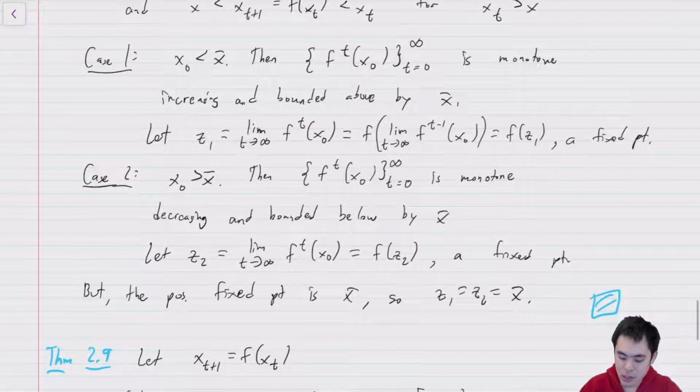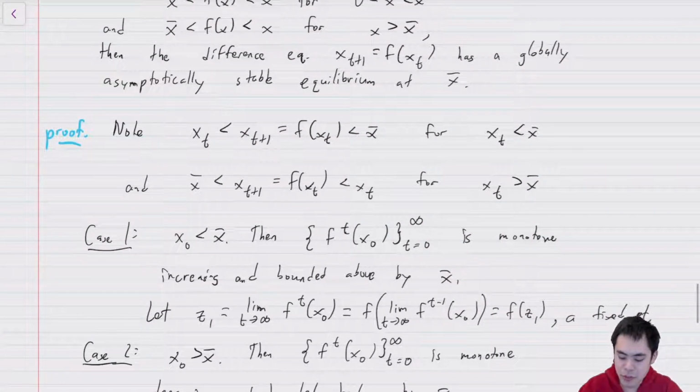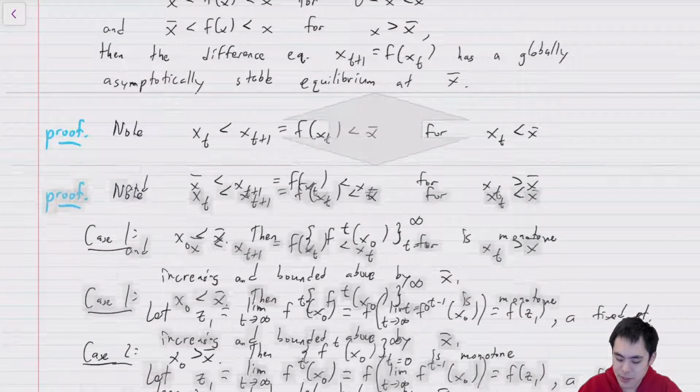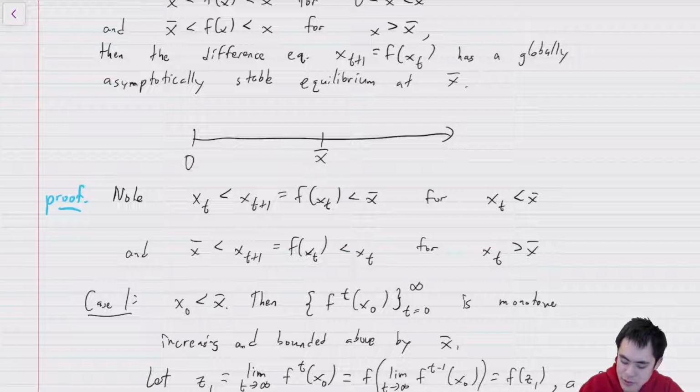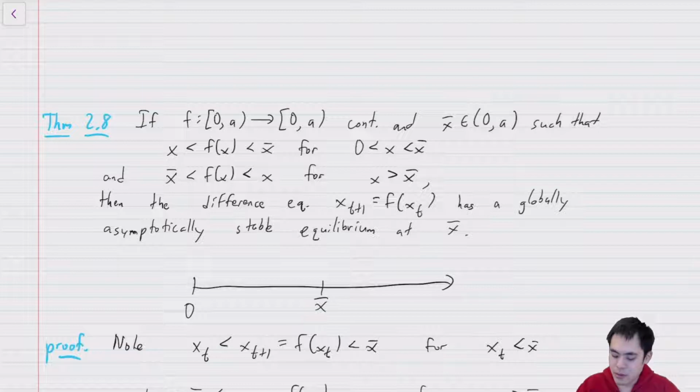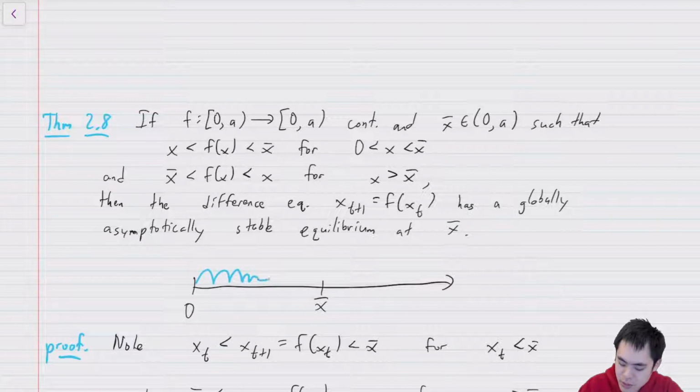I'm not going to walk through the entire proof, but a sketch of the basic idea is that if we have some x bar here, this is 0 here. What we're saying is that everything below x bar goes up and might go in bigger jumps and smaller jumps, but it can't actually get past x bar, and everything over here as well.